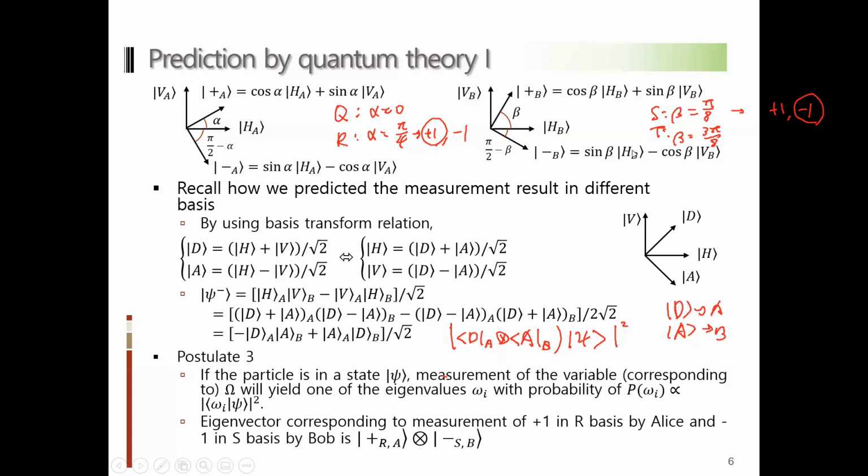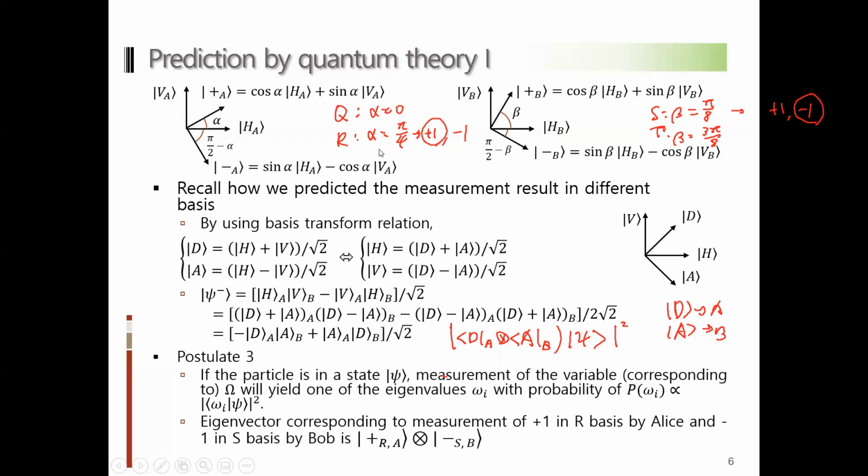For this specific example, my question was: what is the probability for Alice to measure a diagonal value, while Bob measures the entire diagonal value? It can be obtained in this way.